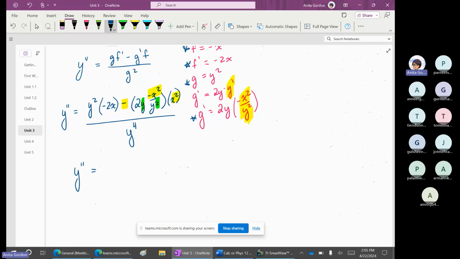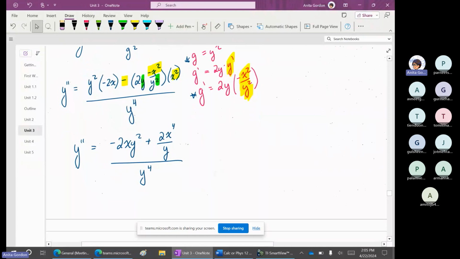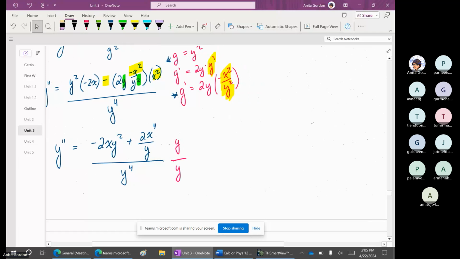Y double prime is negative 2xy squared plus 2x to the fourth over y, all over y to the fourth. And you could even multiply y and y so that you don't have a stacked fraction.